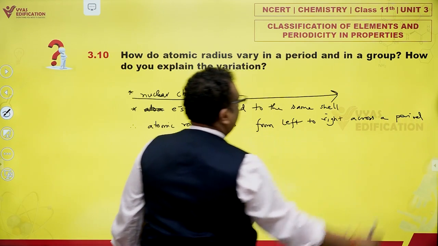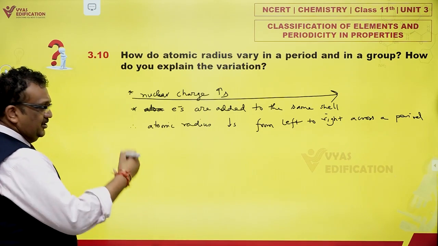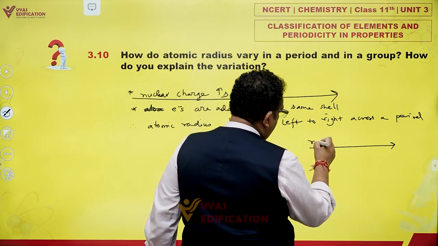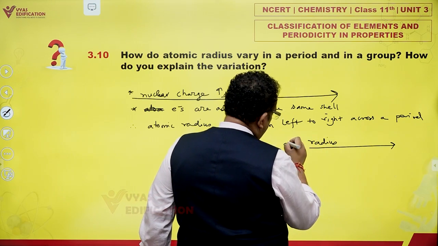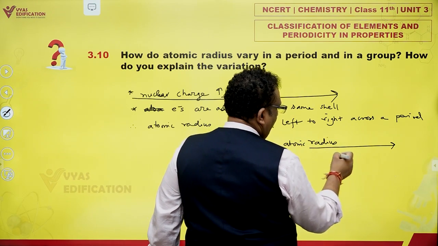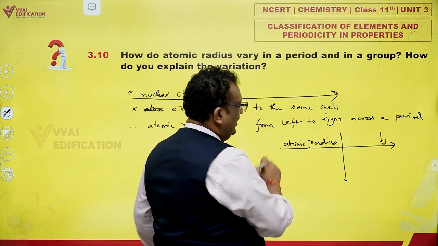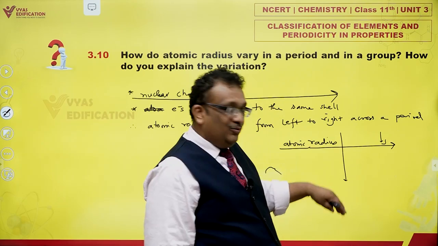In shortcut, I could just denote it like this: atomic radius decreases. This is across the period, this is down the group.